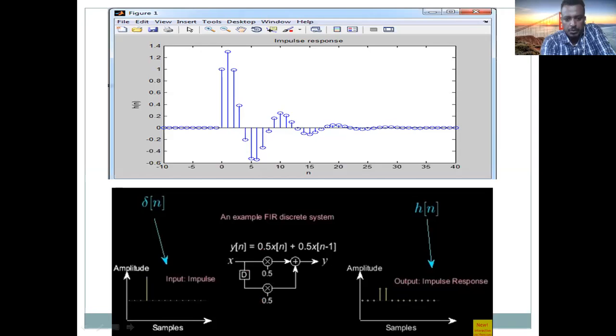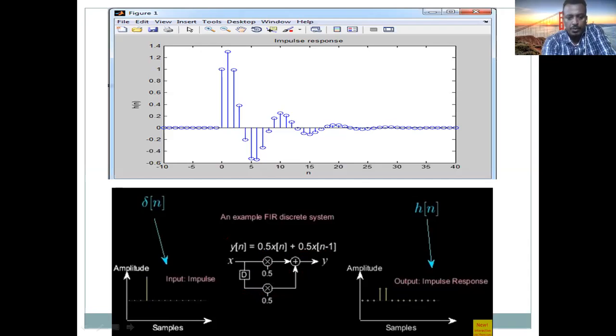So the output will be 0.5 x of n, the signal directly, plus the 0.5 delayed input, which is first delayed by 1, multiplied by 0.5, and comes to the output y.